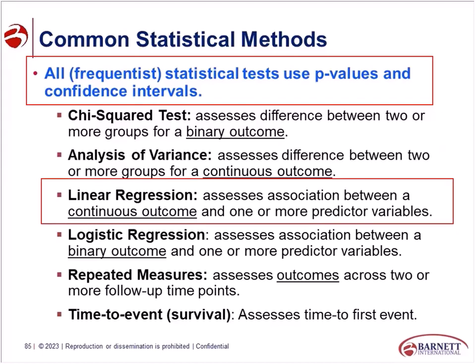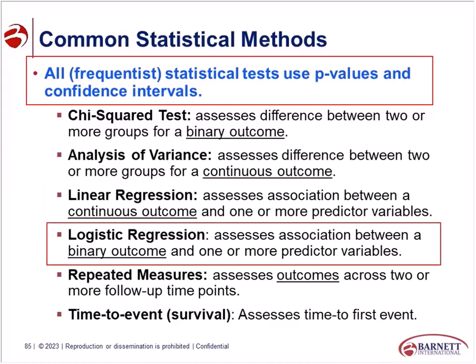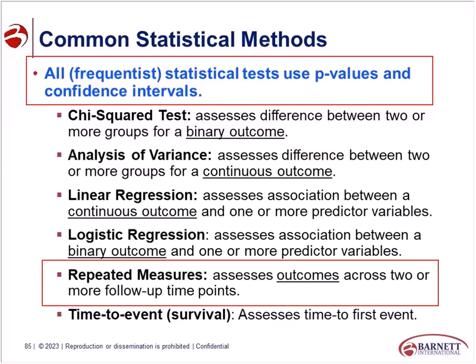I'm going to show you an example of all these very shortly. Then we have something called logistic regression. It's an extension of comparing two proportions. You have a binary outcome and a set of predictors. Repeated measures: many of the studies in clinical trials follow participants over time, so you have multiple measurements over time.